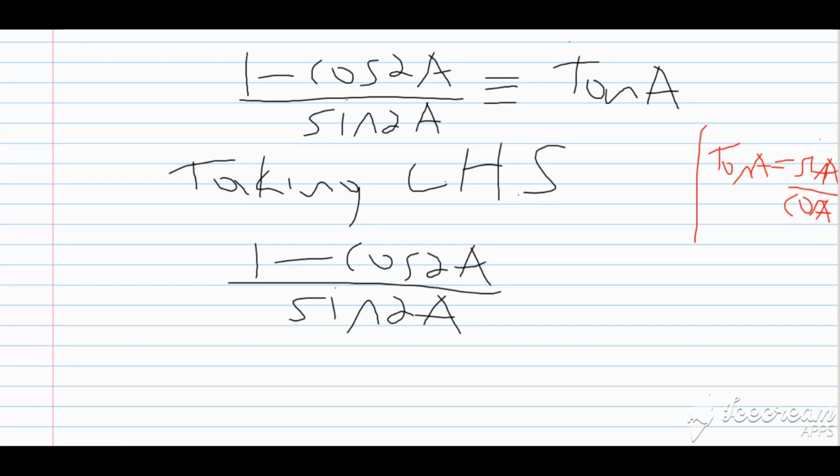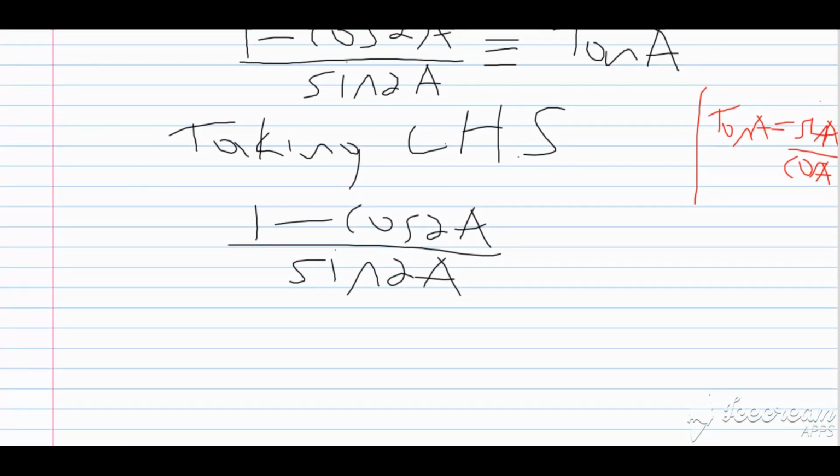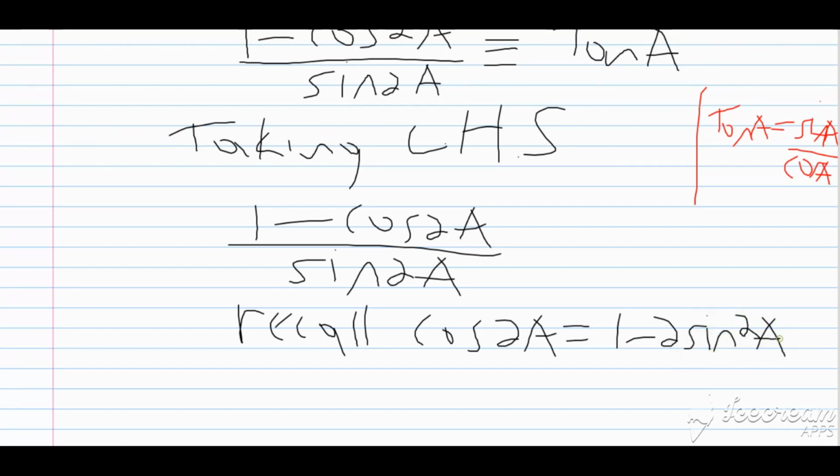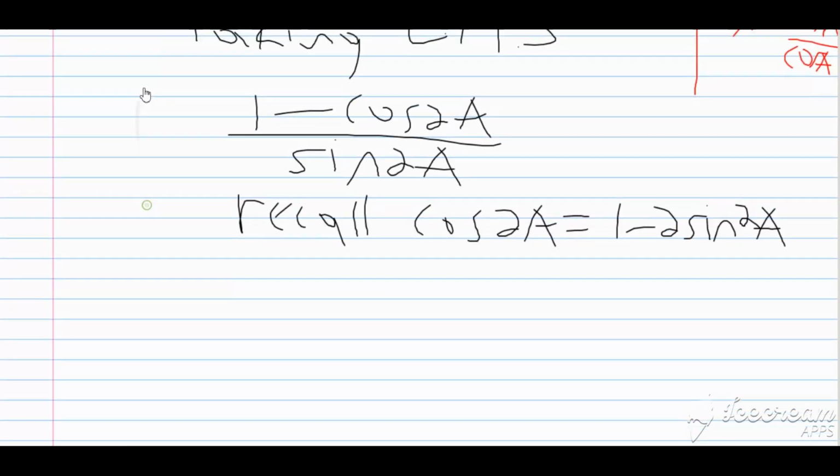So with that being said, we can now say, recall, the cosine of 2a is equal to 1 minus 2 sine squared a. And this is because cos 2a is in the numerator, and I need to get tan a, which is sine over cos, so sine is supposed to be in the numerator. All right.